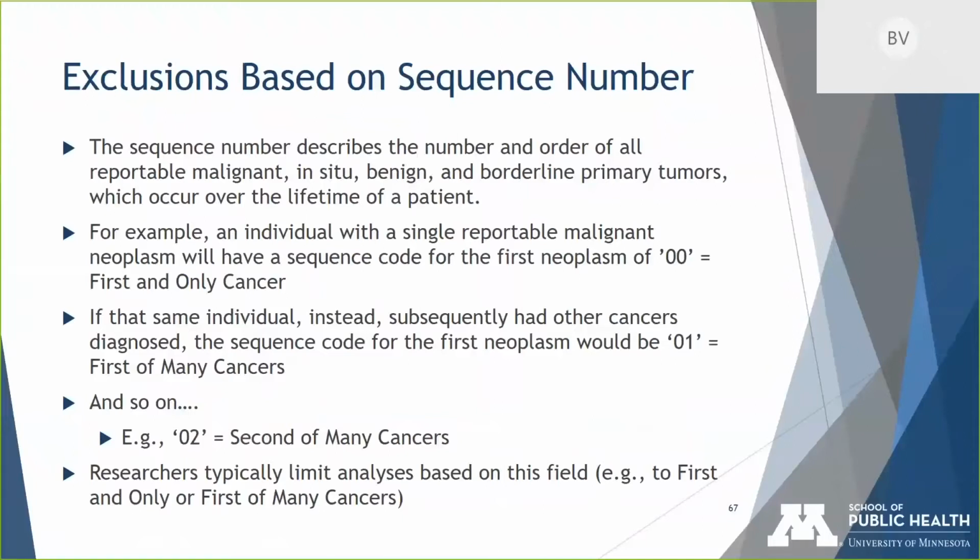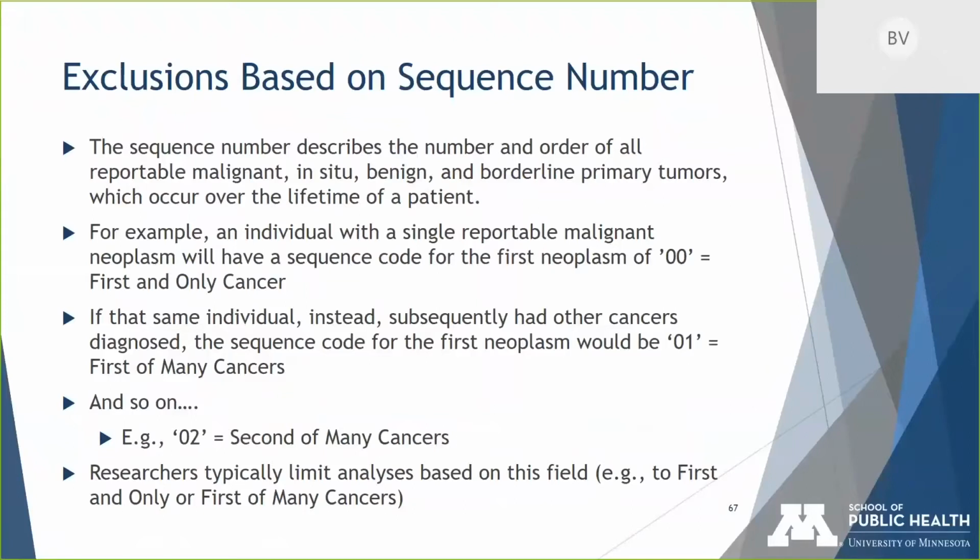If instead that same individual was diagnosed with breast cancer first and then subsequently diagnosed with lung cancer, the sequence number for the breast cancer would change from that 00 of the first and only, it would change to a 01 as a first of many cancers, which lets the researcher know that the breast cancer is now the first one, but that there are others that the individual is subsequently diagnosed with.